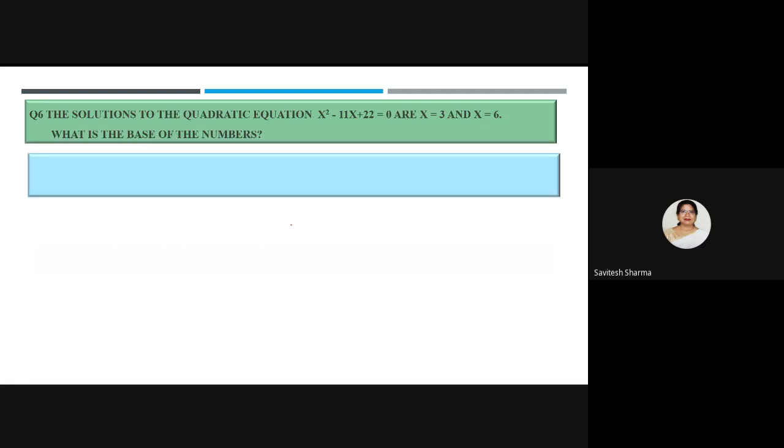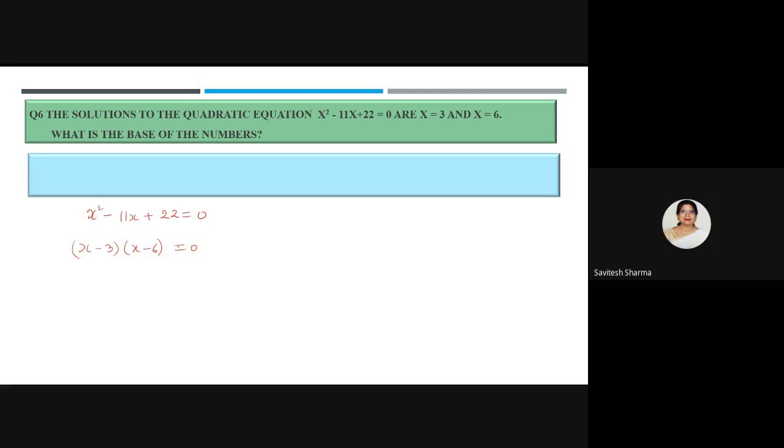Next, a quadratic equation is given and its solution is given. Here the given equation is x square minus 11x plus 22 equals 0, and the solution is given. You know the solution can be written like (x minus 3)(x minus 6) equals 0. Okay.